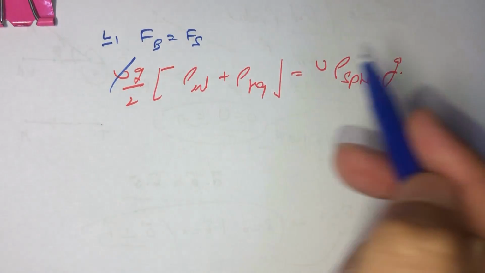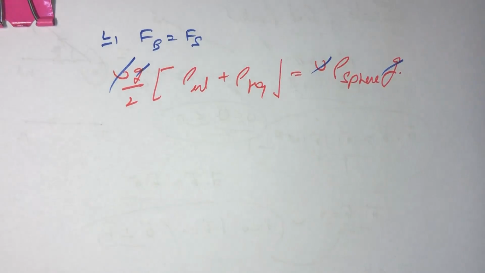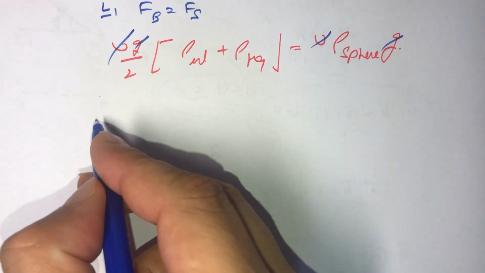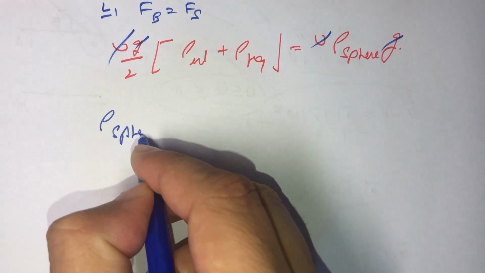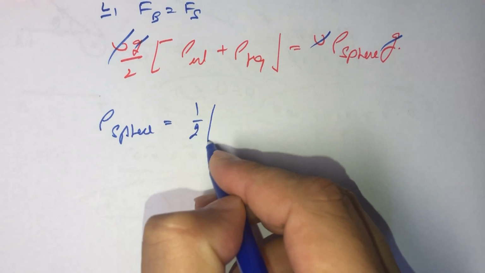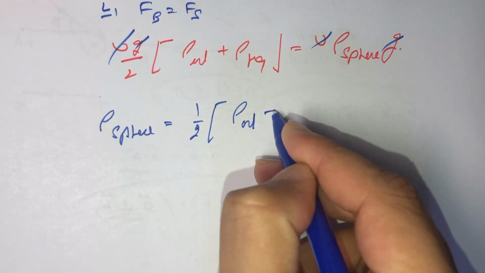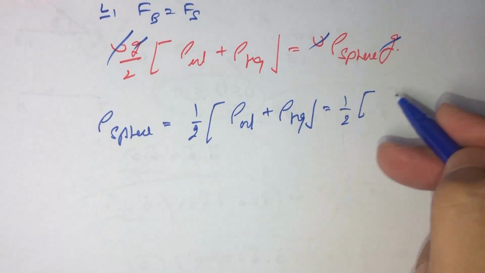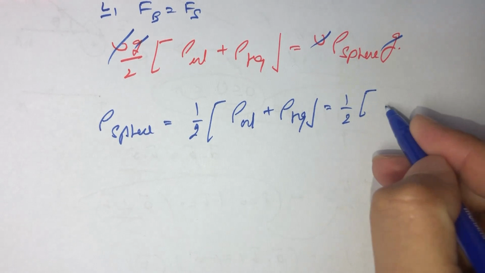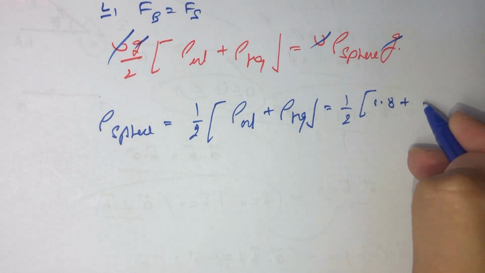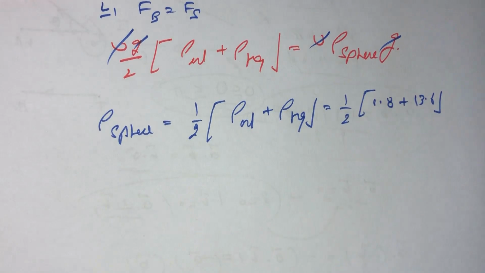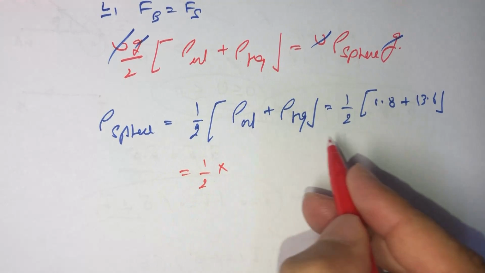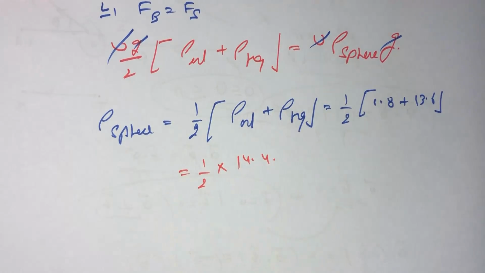Vg cancels out, so we get that density of sphere, rho sphere, is equal to 1 by 2 times (density of oil plus density of mercury), and both values are given to us. Density of oil is given as 0.8 plus mercury given as 13.6, and this comes as 1 by 2 multiplied by 14.4.